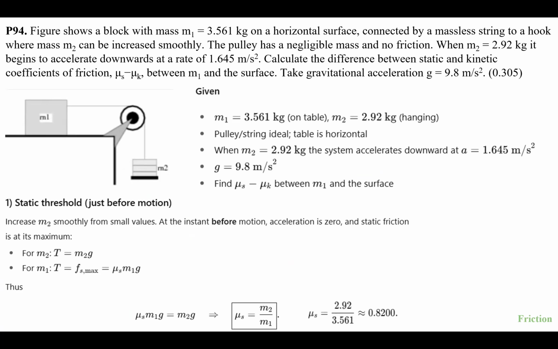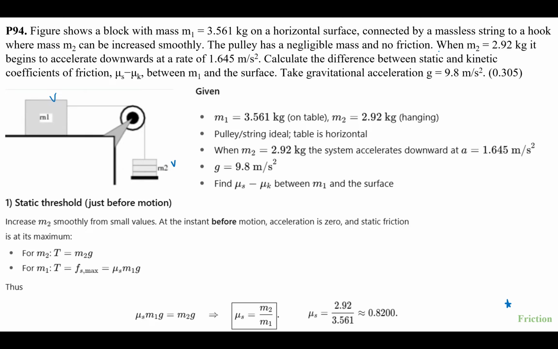And now it's time to think more about frictions. We have already discussed frictions in some of the previous problems, but we are going to focus on friction itself. The figure shows a block with a mass M1 on a horizontal surface, connected by a massless string to a hook where M2 can be increased smoothly. The pulley has negligible mass and no friction.